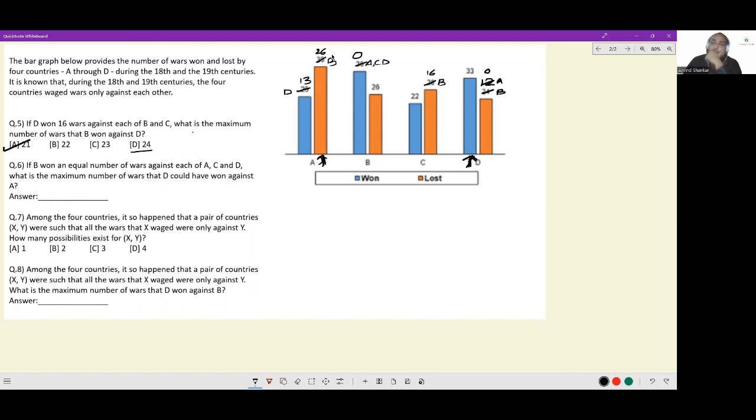let me do it against 22 wins of C. So, no, not 22 wins. I need 26. Oh, 13. I can go this way.